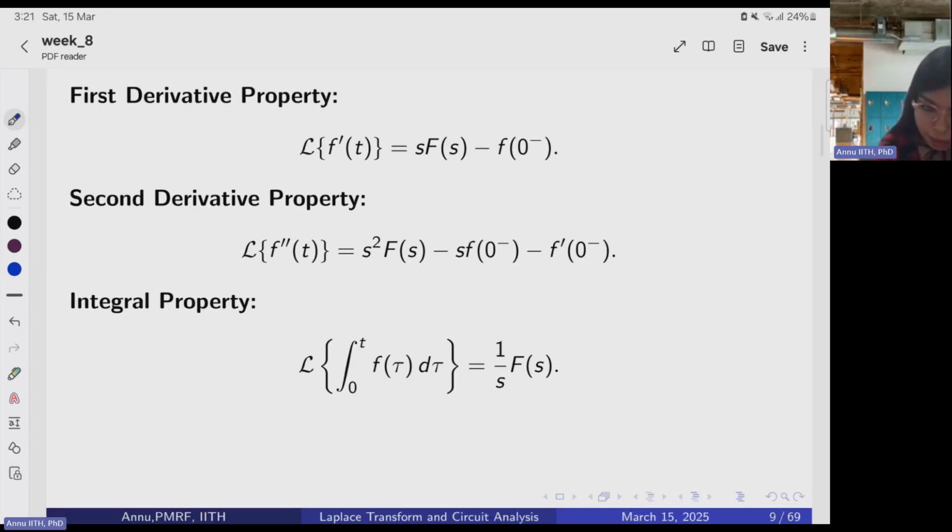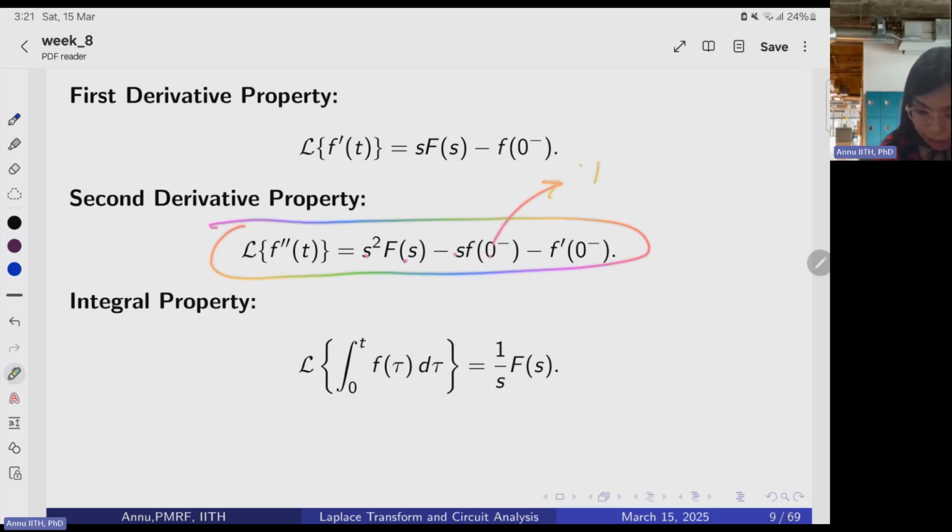Whereas the second derivative property is Laplace transform of f double dash of t is s squared F(s) minus s f of 0 minus f dash of 0, the initial conditions.